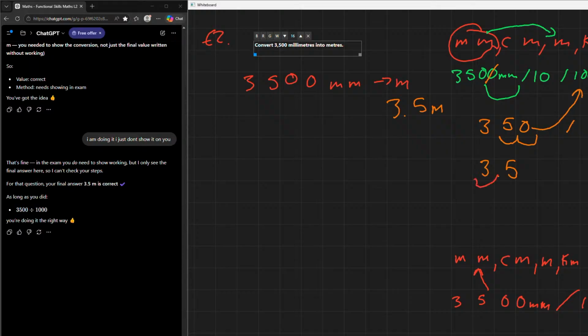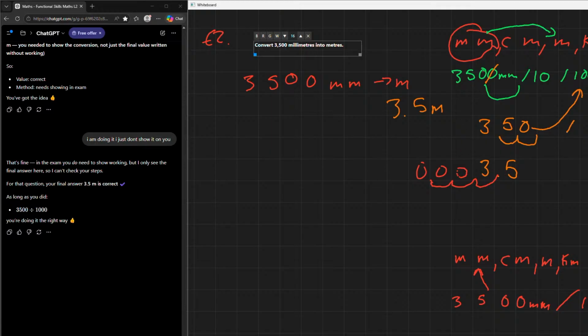So it's gonna go 1, 2, 3. So it's gonna be 0.003, 35.